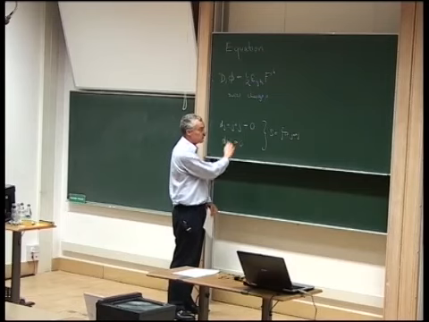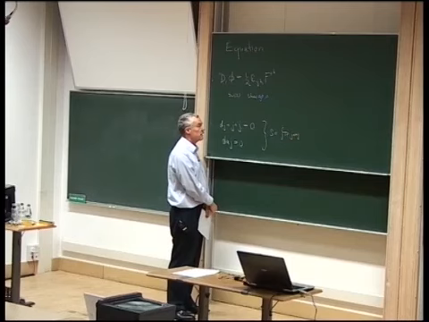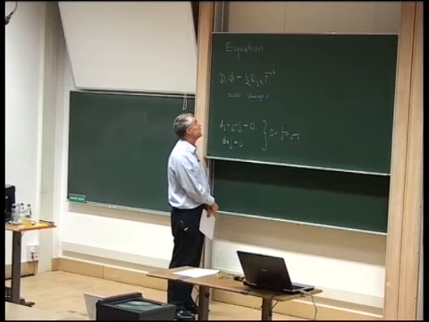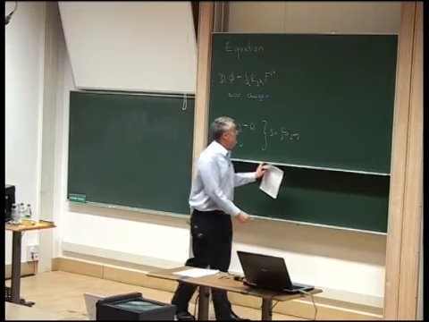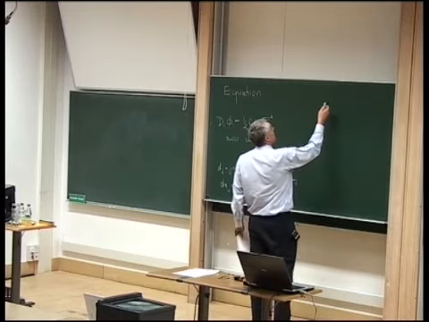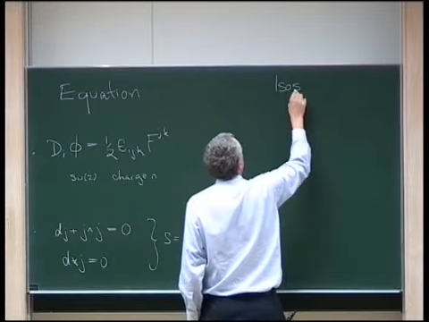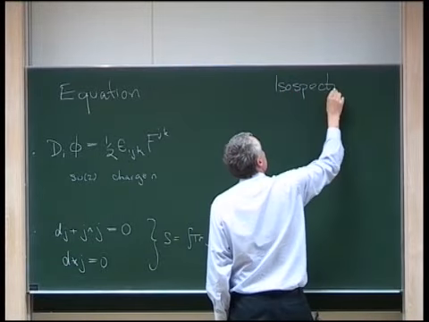So I'm going to actually, the finite gap construction will give us a solution of these currents that satisfy the Virasoro constraint. So we have our equation, and the first step is to have isospectrality.